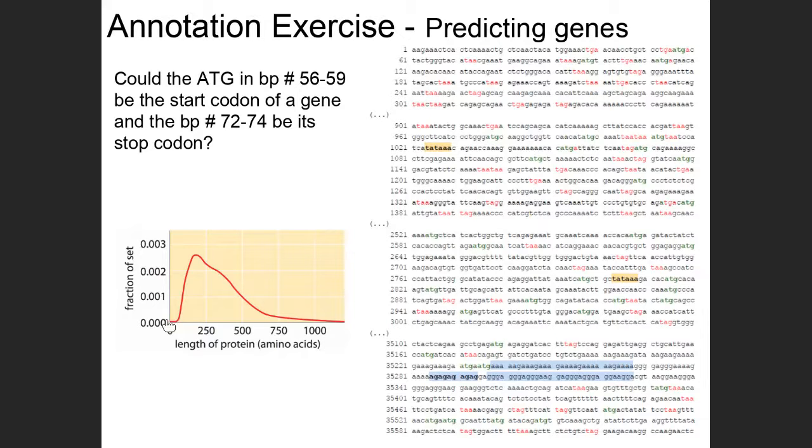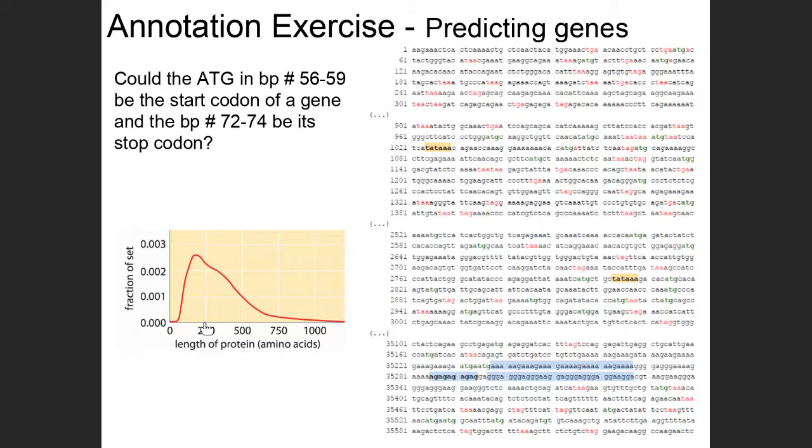This shows what fraction of the proteins of some organism, I don't remember which organism this is, are how long. And then you can see there are proteins of different lengths, some pretty big proteins, but they're a minority. And most of them are, I don't know, 200 to maybe 250 amino acids.